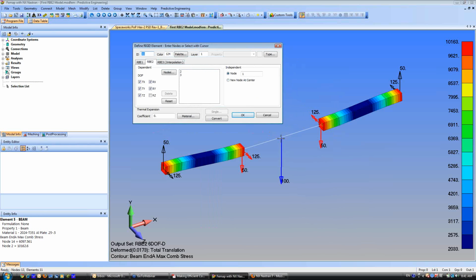And I'm telling this node here, well, I've been playing with it before, that I want this node to transmit RZ and TY. I want these to follow. As this node moves, it's going to move these nodes, and TY and RZ are going to be the dependent.